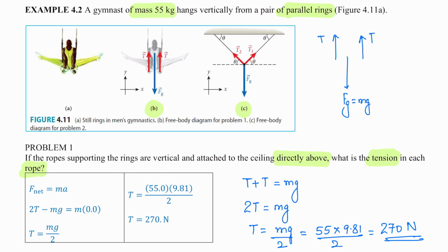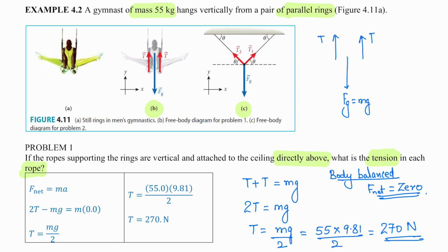Is it fine? Because the body is balanced here, F net is always 0. Now solve case number 2.